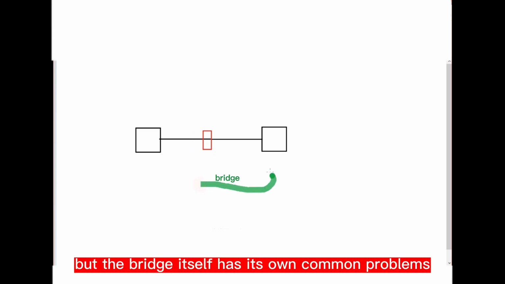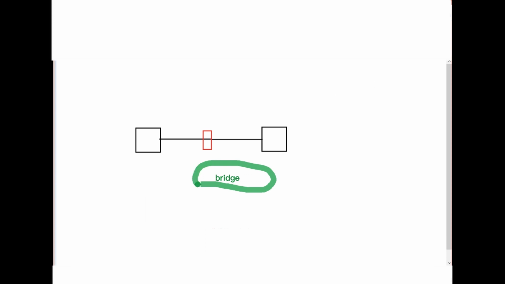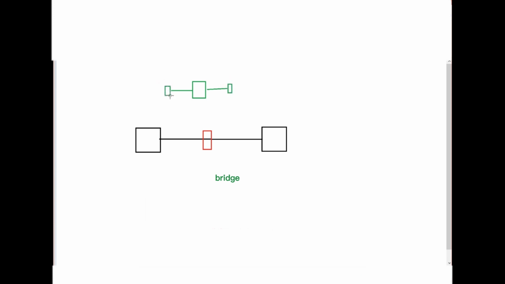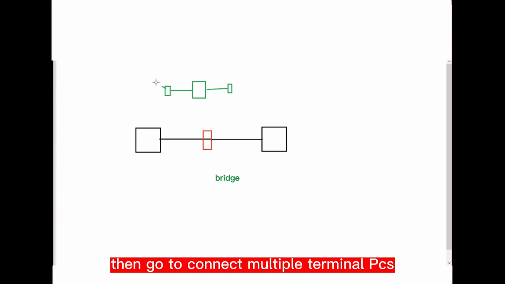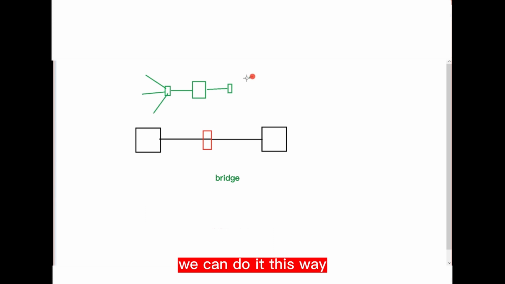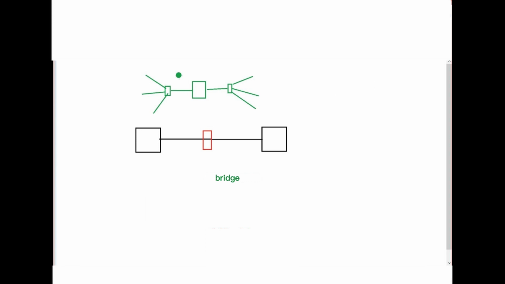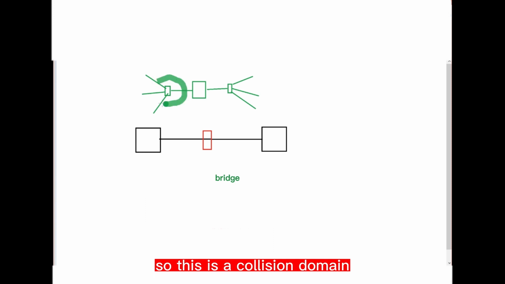But the bridge itself has its own common problems. It also has only two interfaces. So the network is like this: a bridge in the middle, two hubs connected next to the bridge, and then multiple terminal PCs connected. We can do it this way to isolate the collision domain on a smaller scale. You will find that because this is the hub, this is a collision domain.